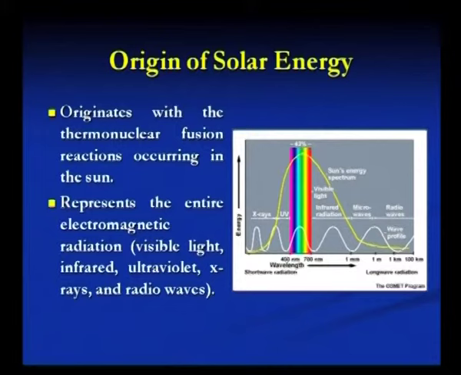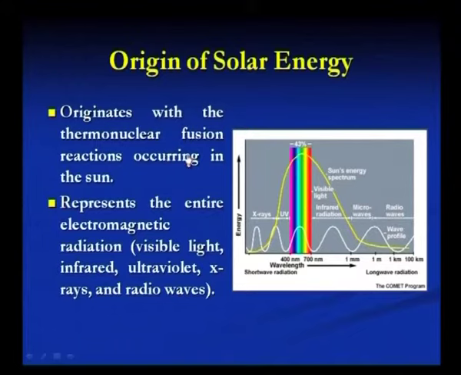Let us move on to the origin of solar energy, where it is coming from. What is the origin of solar energy? Solar energy basically originates from the sun. It originates from the thermonuclear reactions that occur every day in the sun.